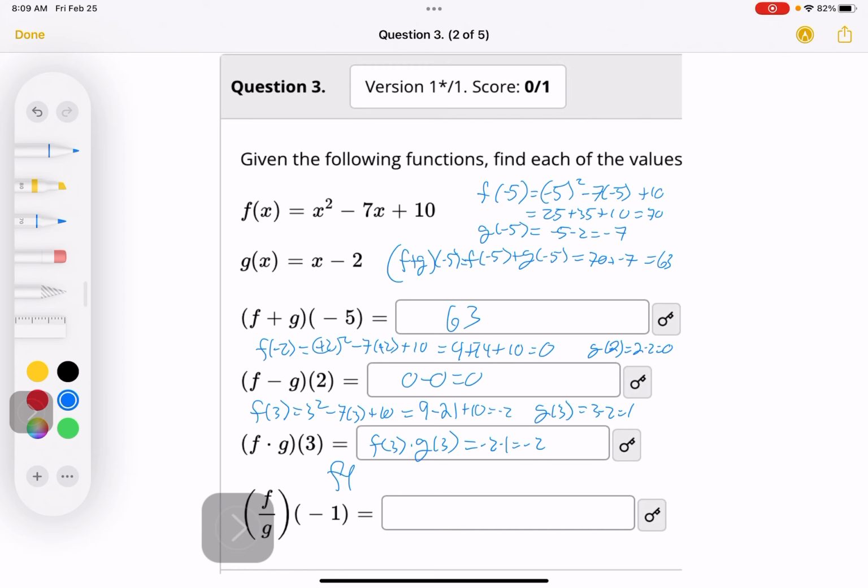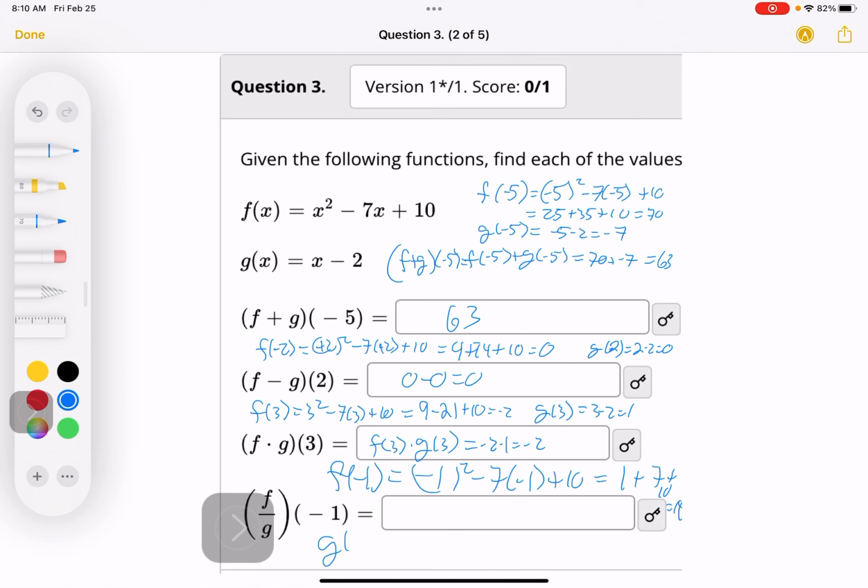F of negative 1 is going to be negative 1 squared minus 7 times negative 1 plus 10. And that's going to be 1 plus 7 plus 10. I'm out of the space. Plus 10 is 18.